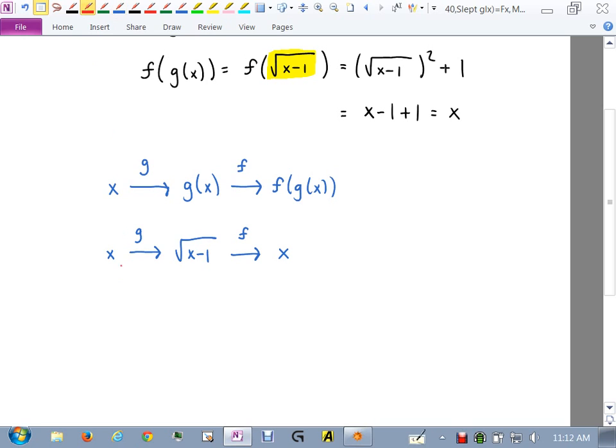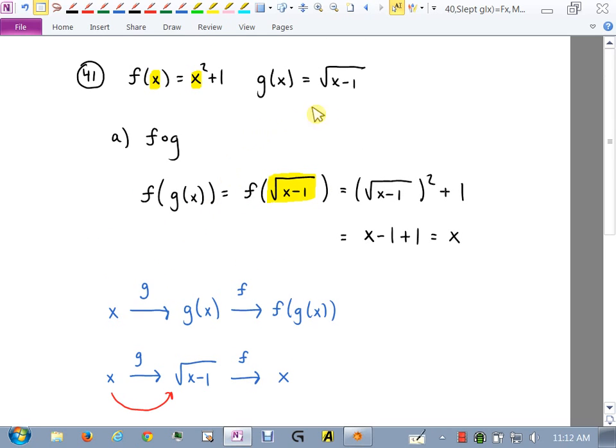So we first talk about what the restrictions are going from here to here. Let's look at g and see what the restrictions on g are. Well, we can't have a negative under there, right? Can't have a negative. So just looking at g, I know that the x minus 1 can't be negative, which means it must be greater than or equal to 0.